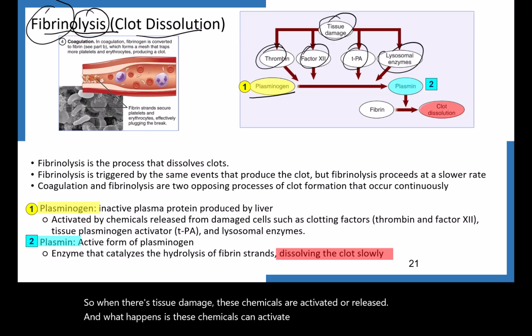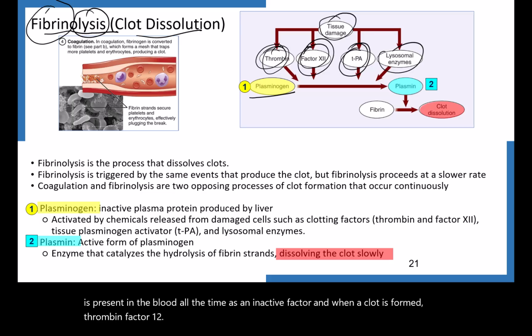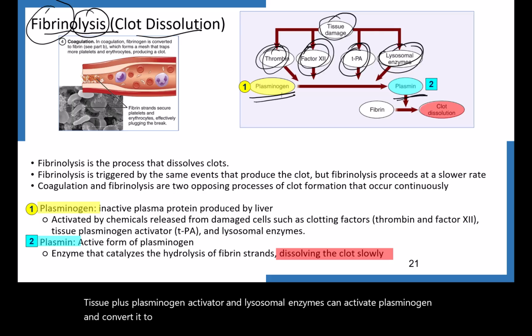Plasminogen is present in the blood all the time as an inactive factor. When a clot is formed, thrombin, factor 12, tissue plasminogen activator, and lysosomal enzymes can activate plasminogen and convert it to plasmin. Plasmin is the active version, and it helps break down fibrin to dissolve the clot.